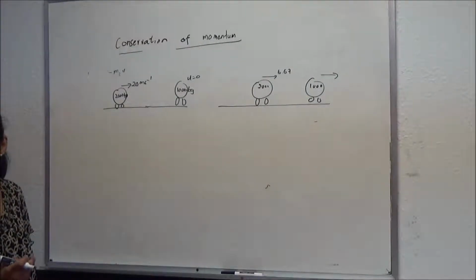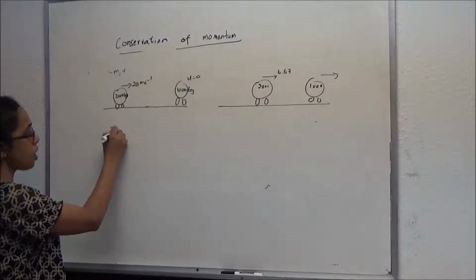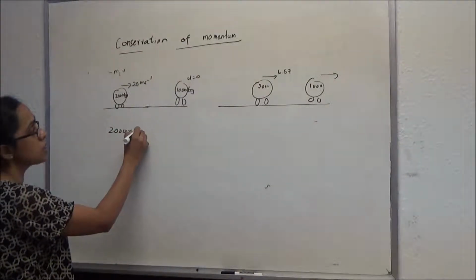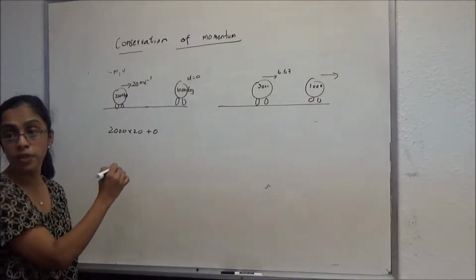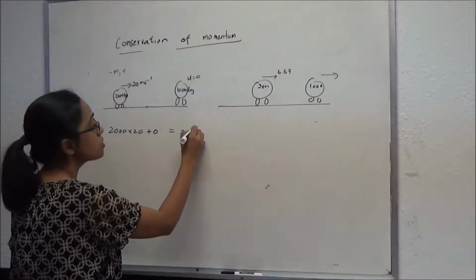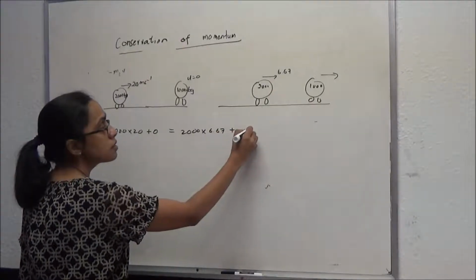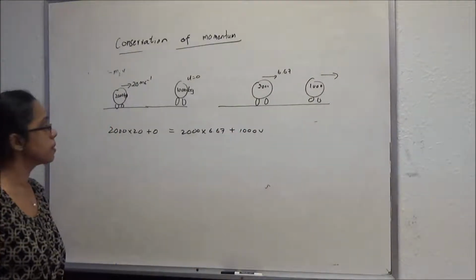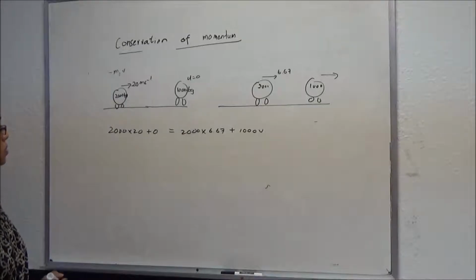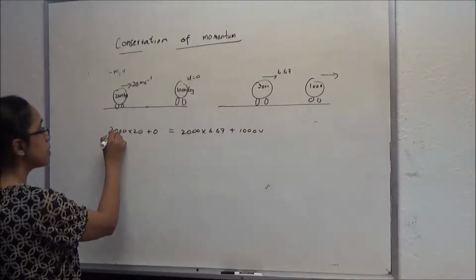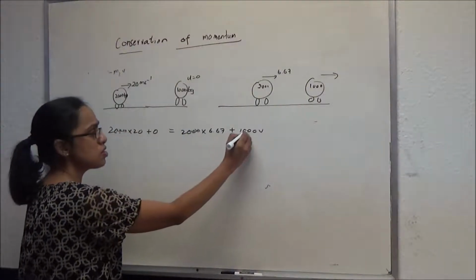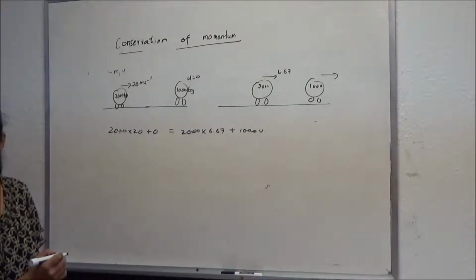Did you write the first equation? Yes. So it should be 2000 into 20 plus 0 equals 2000 into 6.67 plus 1000 V. At a glance you can get rid of these three zeros. Try to simplify as much as possible.